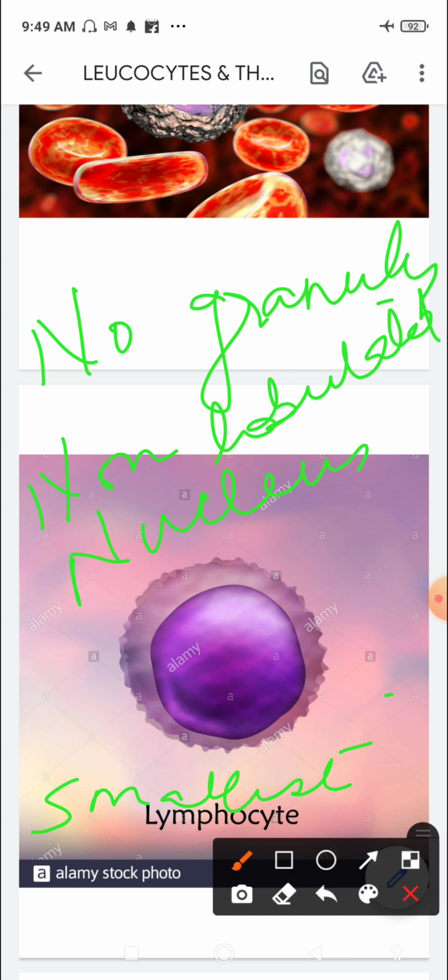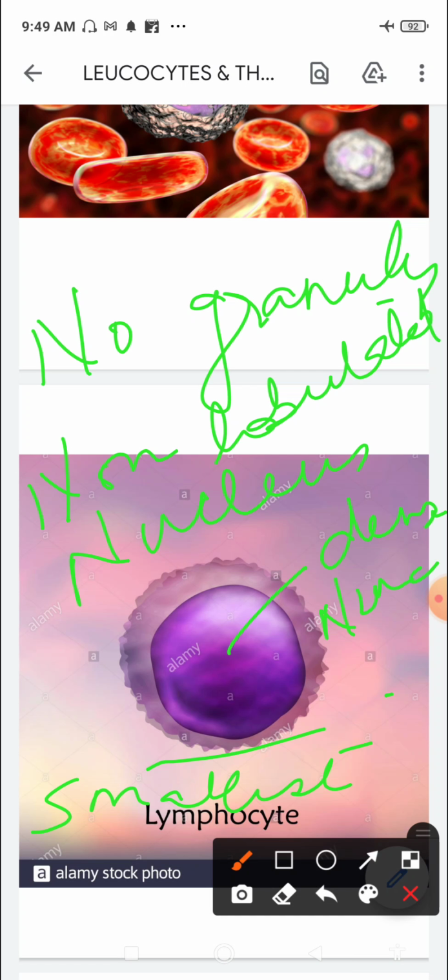Now, if you look at the structure of the lymphocyte, you will see that the cell is round, the nucleus is round and dense, and a small amount of non-granular cytoplasm is there.